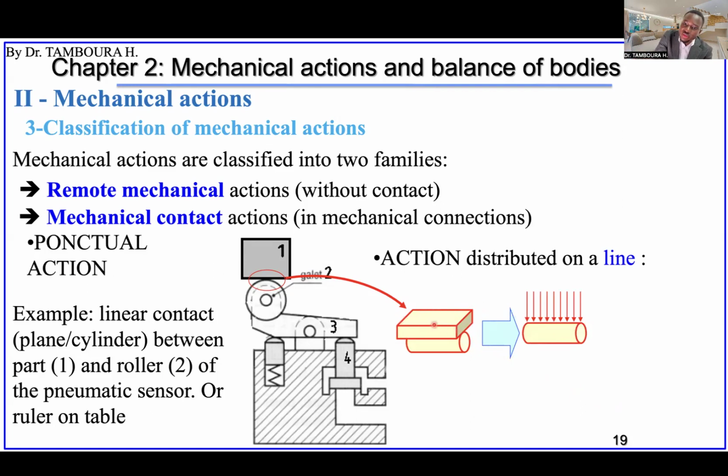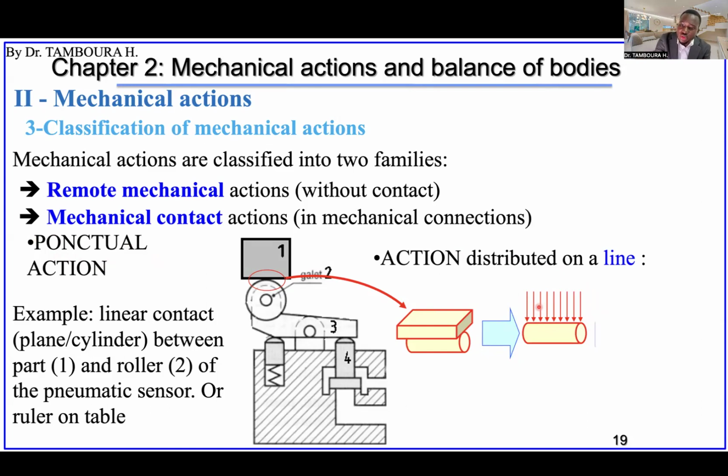So this acting on the cylinder will be like this: each force, several punctual actions following this line. In that case, because we want to make a modelization of these mechanical actions, if we want to represent this as one single action, what should we do?